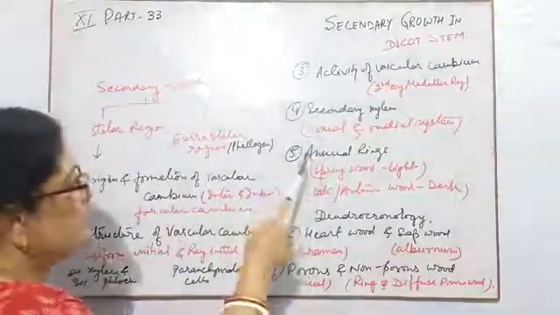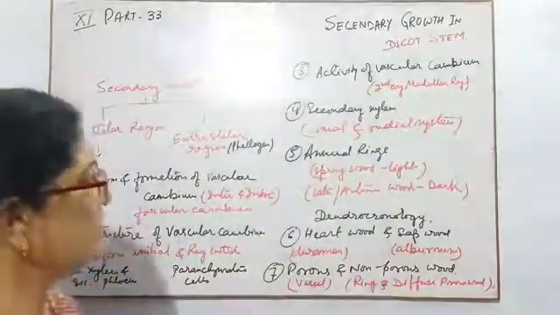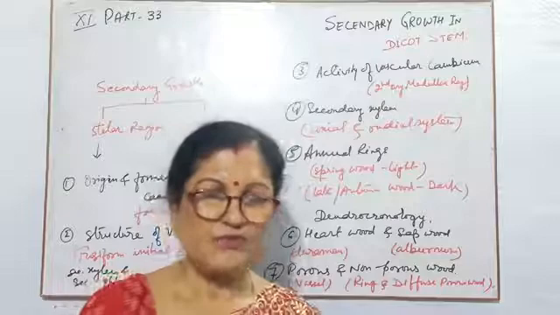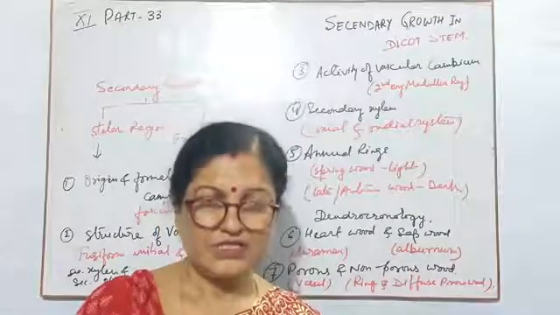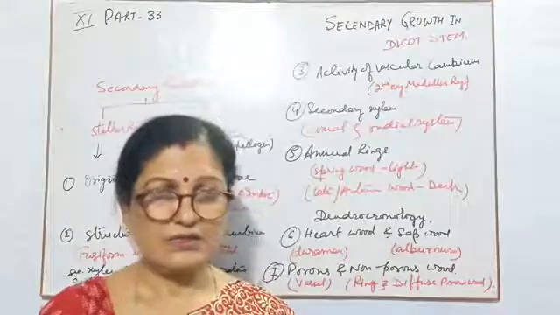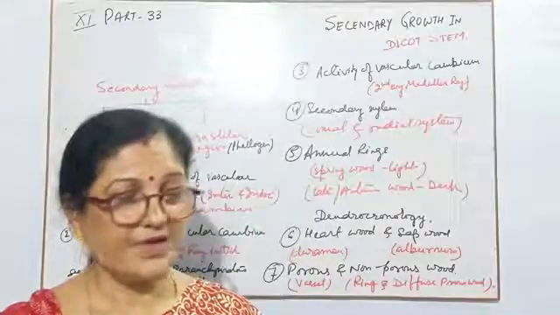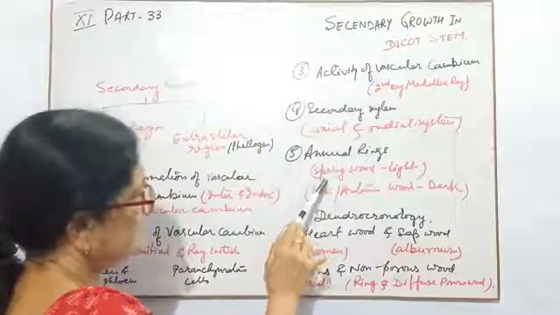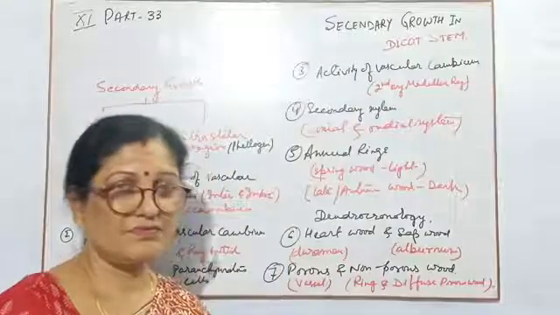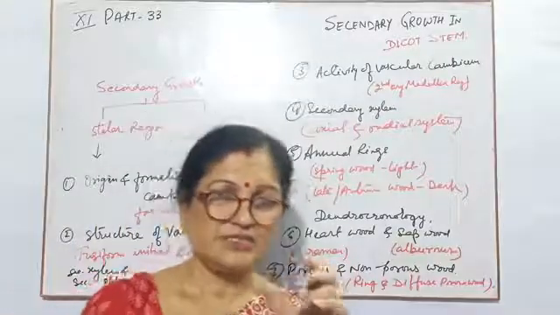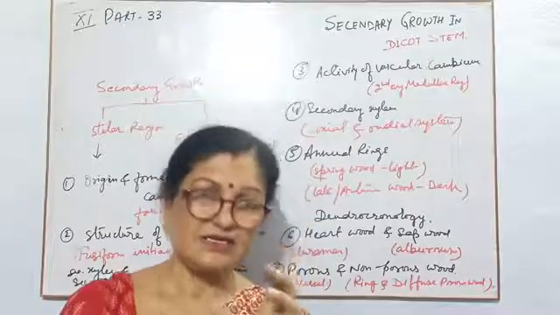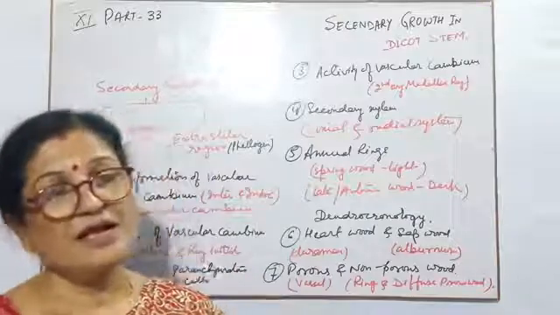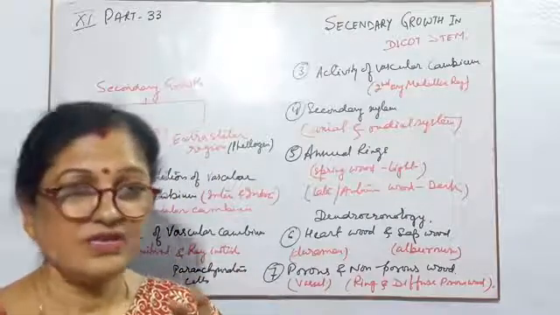Now in the next step, annual rings. When in this way the total xylem grows along the full circle, they will form a ring, and this is known as the annual ring. If this annual ring forms in the spring season, the cells are lighter in color because there is not too much material in their cell sap, and new cells will arise.